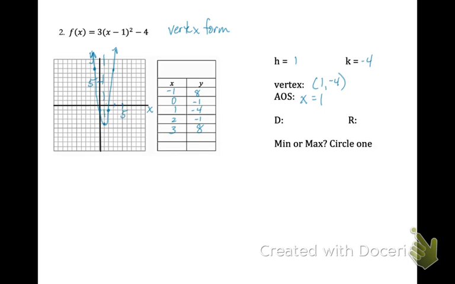And then sketching your axis of symmetry, and that's the vertical line where x equals 1. Again, the domain's all real numbers, but our range is limited. It's all the y values, just like the last one, that are greater than or equal to negative 4. It has a lowest point, and so it has a minimum.